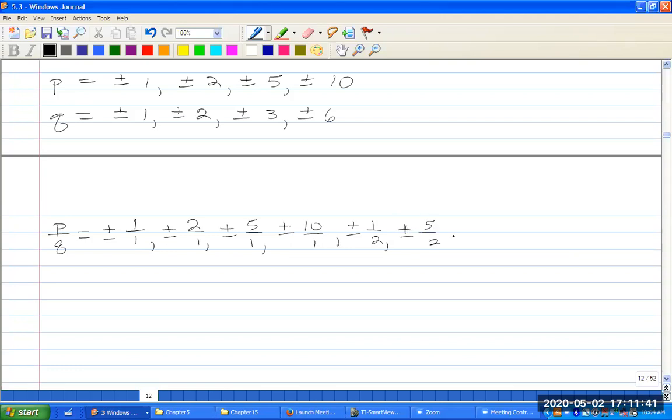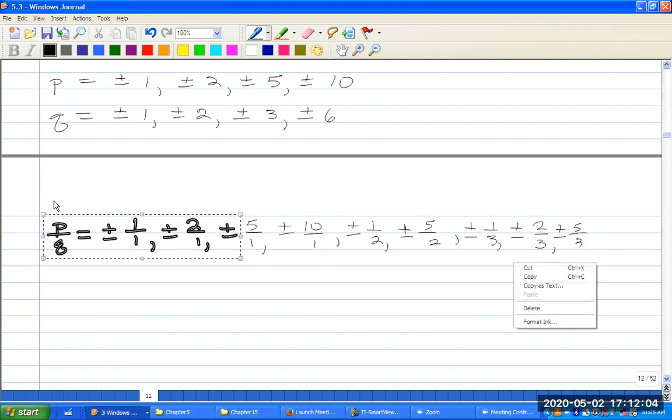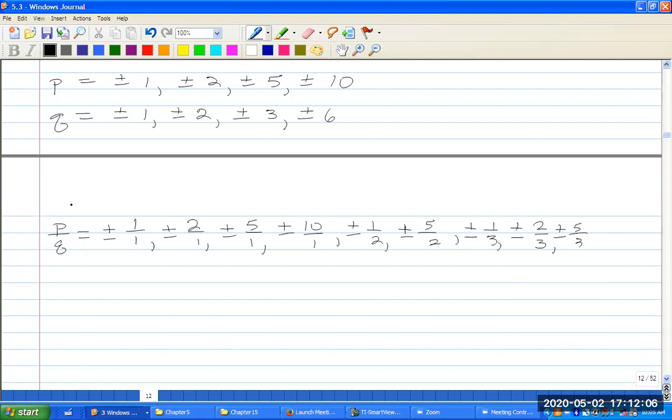The 10 over 2 again, I can reduce, so don't write it. 1 over 3, 2 over 3, 5 over 3, and 10 over 3.